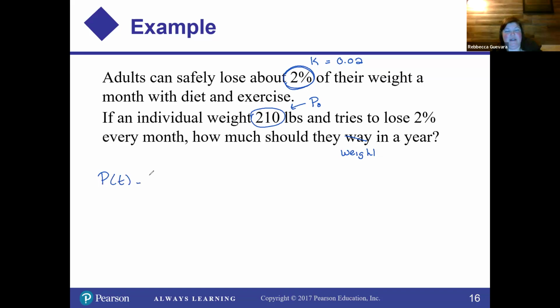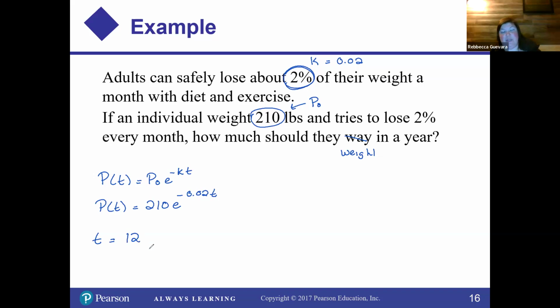So P(t) equals P naught e to the negative kt. We know the initial weight is 110 pounds, e to the negative 0.02, because now we have decay. So t, we want to figure out how much they lose in a year, and we were talking about the rate in months.